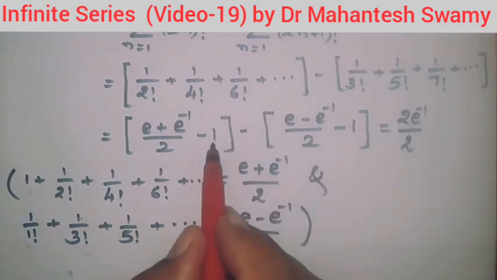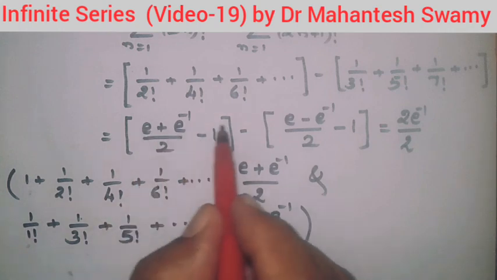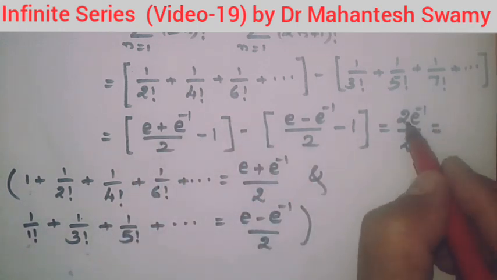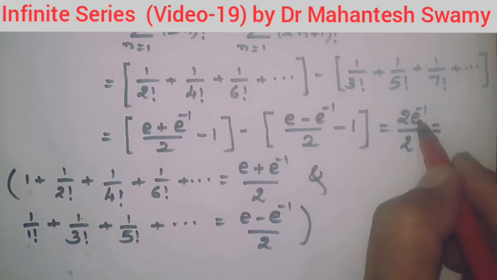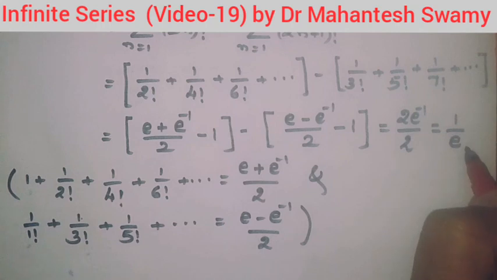The remaining terms are cancelling, minus 1 plus 1 cancelling, e minus e cancelling. So this is the thing remaining. When 2 is cancelled, e to the power of minus 1 can be written as 1 by e. So 1 by e is the sum of the given alternating series up to infinity. So when the given alternating series is summed up to infinity, the answer is going to be 1 by e.